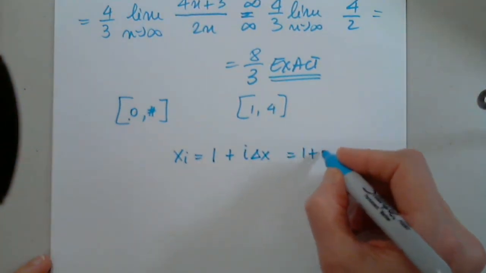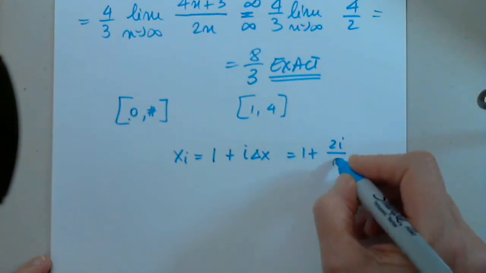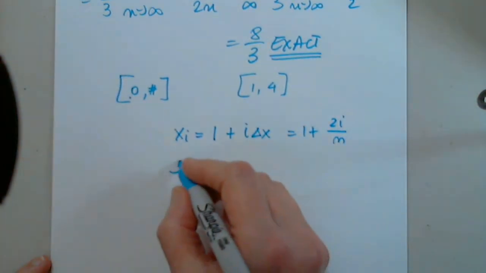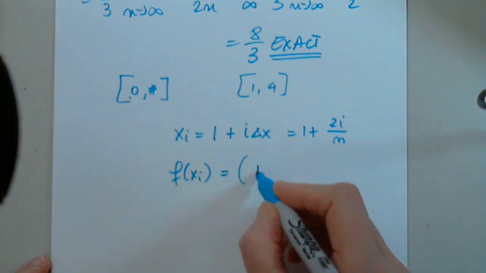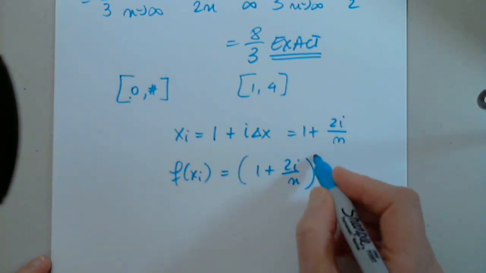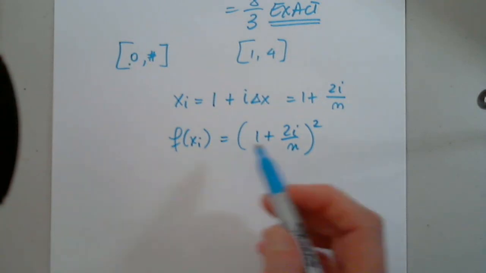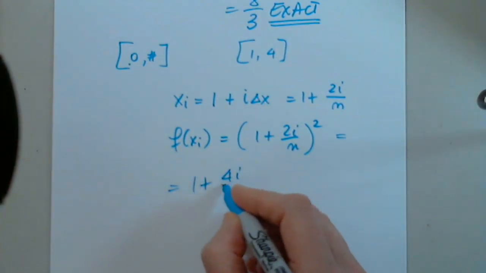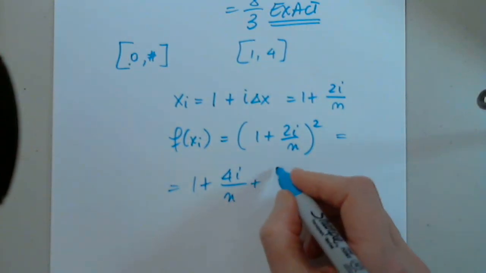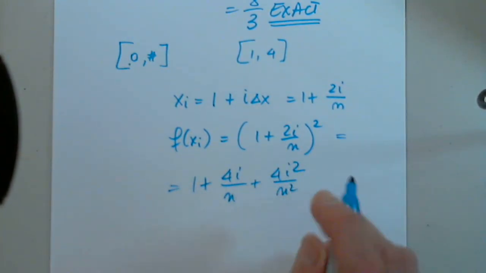So this will be 1 plus 2I over n. And when I plug it in the function, this will be 1 plus 2I over n, everything squared. Well, this is more work because I have 1 plus 4I over n and plus 4I squared over n squared.